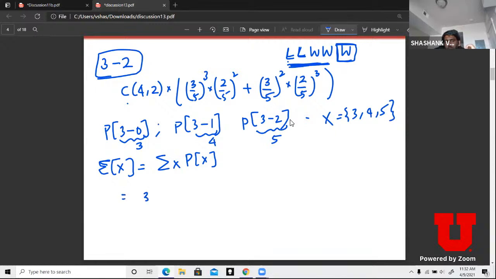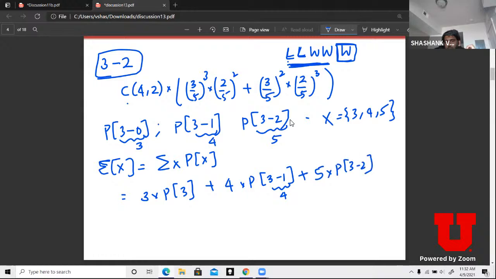So this would be 3 times P of 3 plus 4 times P of 4. In this case, I've denoted it with 3-1, you can just denote it by 4 also, and this is 5 times P of 3-2, which is 5 games. So that would be the expected number of games played in the best of 5 series. I'm just so bad at drawing lines. So this is our answer.